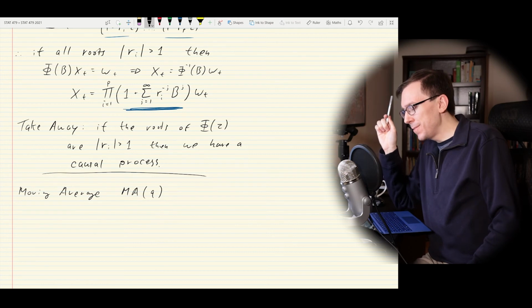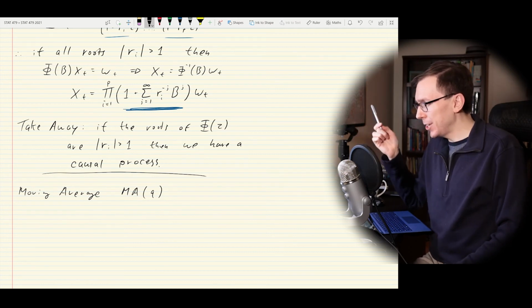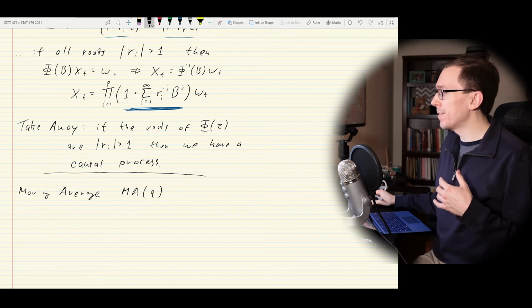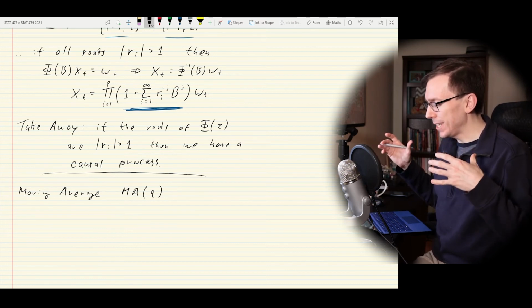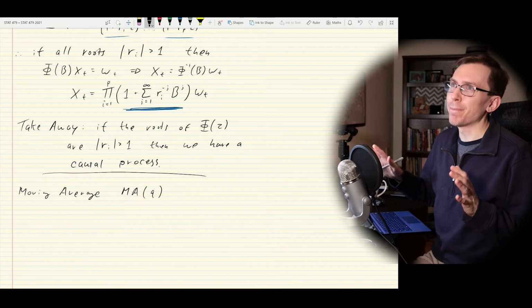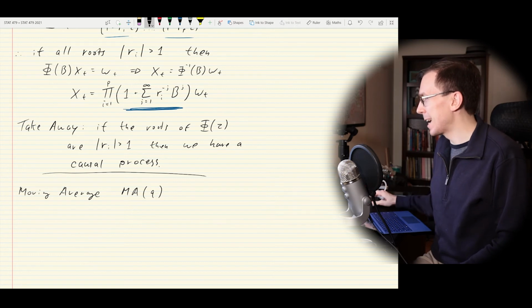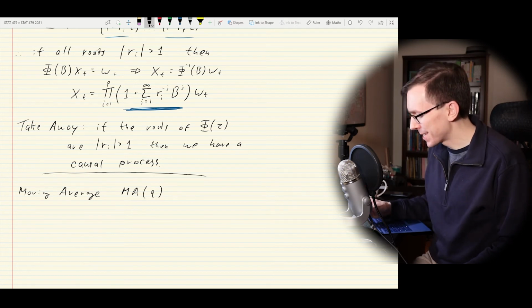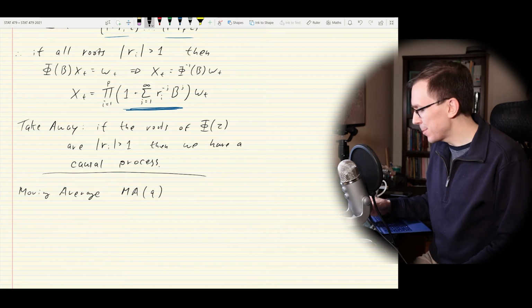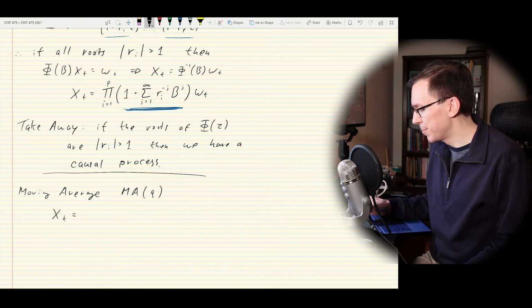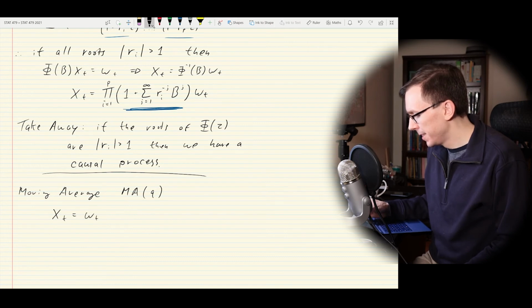So we can consider a moving average process, the MA(q), a qth order moving average, and we're going to do so in a way very similar to what we did with the autoregressive process, but we don't have to deal with all those crazy roots for the time being. You'll see what happens. Anyway, we can write our moving average process as a sum of white noise backshifted into the past.